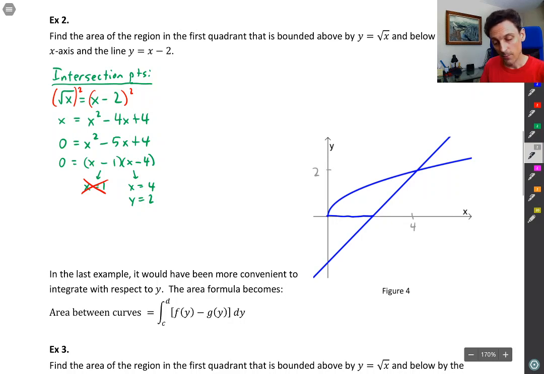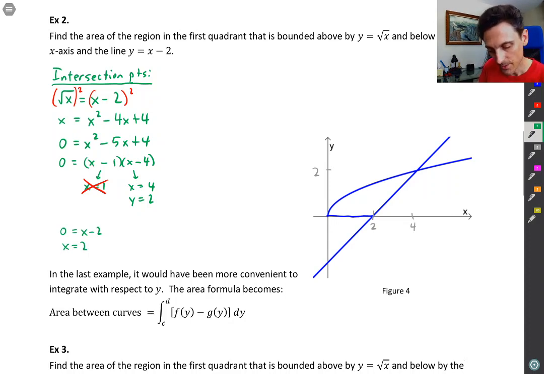For that, you just plug in y equals 0 and you get x equals 2. You could just observe that this is going to be x equals 2 right here, where these two intersect. But you can also write it out, and that works as well. It would look something like 0 equals x minus 2, so x equals 2. So that's the other intersection point.